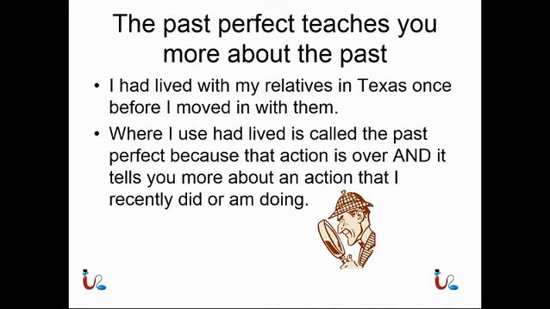But I lived tells you more about I moved. When I use had lived, it's called the past perfect because even though it's over, it tells you more about the action that I am currently performing.